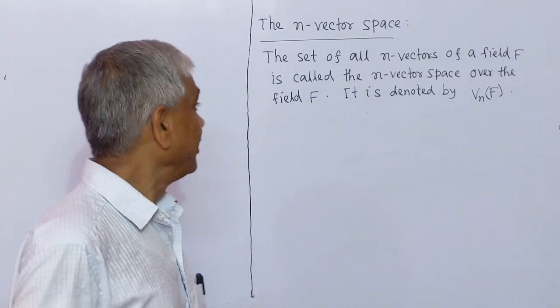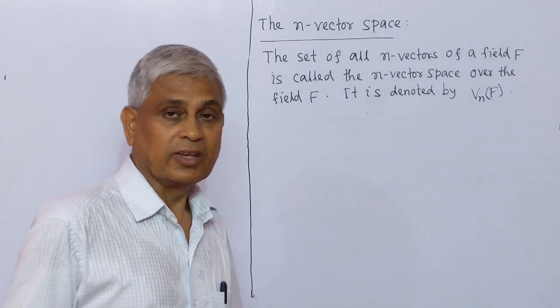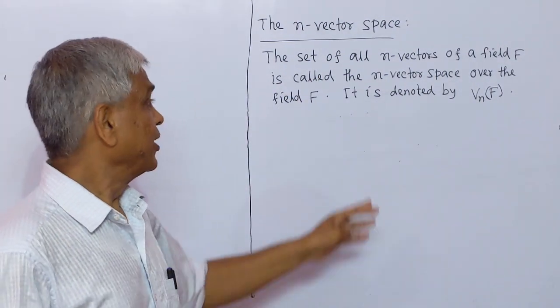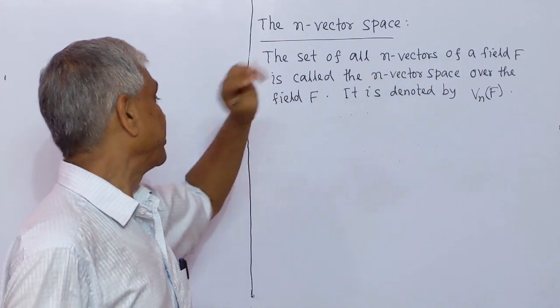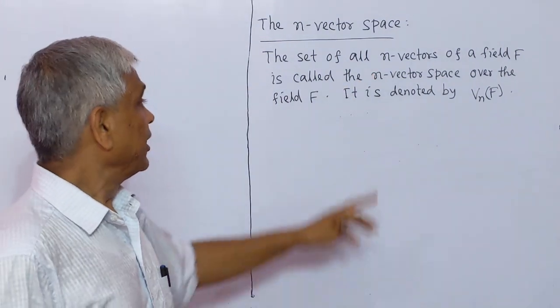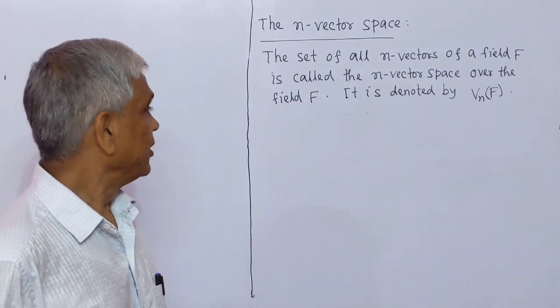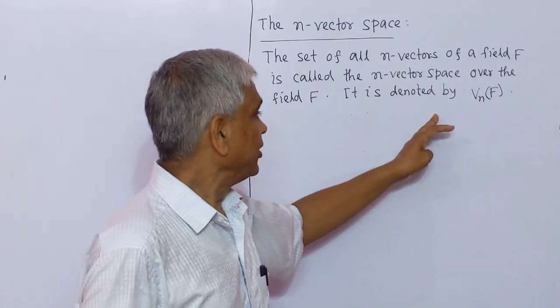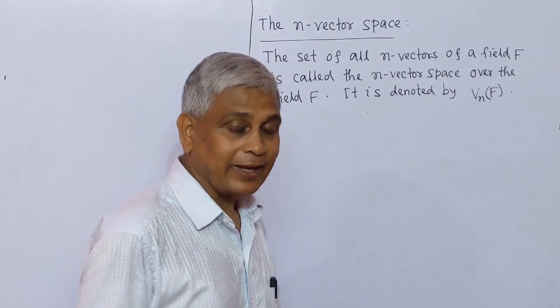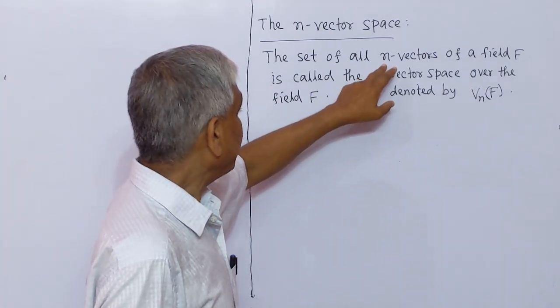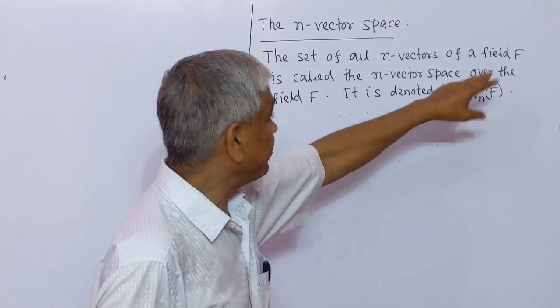Now we define n vector space. The set of all n vectors of a field F is called n vector space over the field F. It is denoted by Vn under bracket F. Here we have the term n vectors of a field.